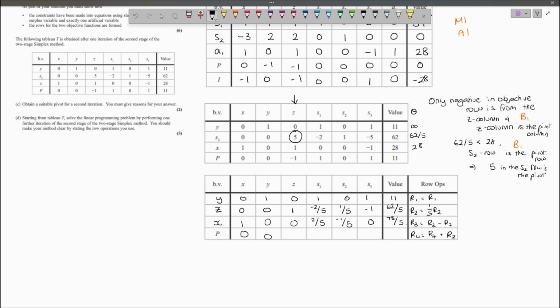Negative 1 plus 1 is 0. 1 plus negative 2/5 is 3/5. 0 plus a fifth is 1/5. 1 plus negative 1 is 0. And last but not least, 11 plus 62/5 is the same as 55/5 plus 62/5, which is 117/5.